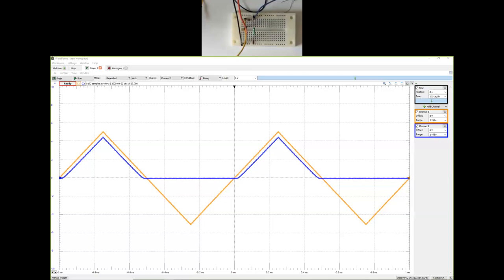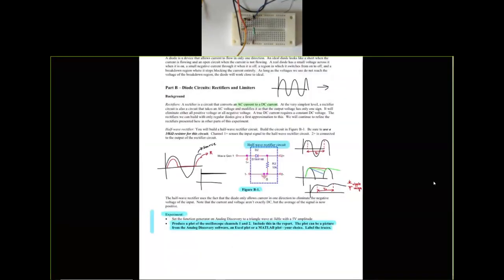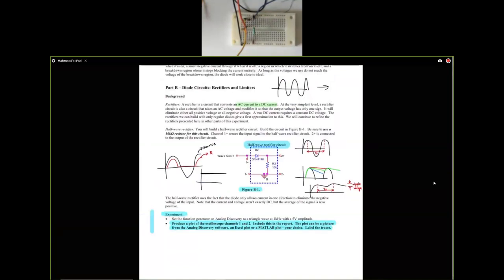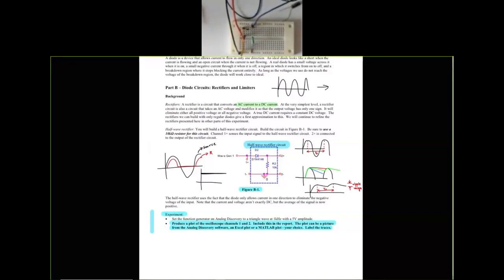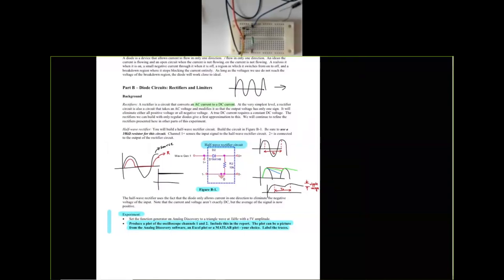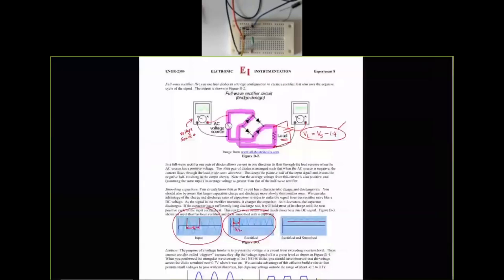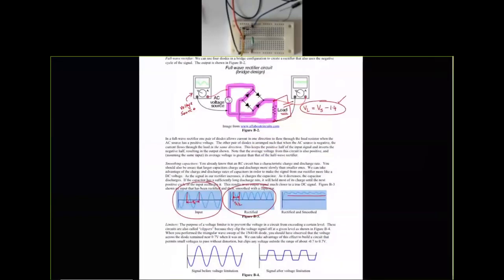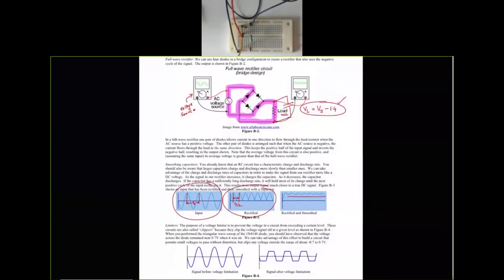So if I bring up my window here, let's take a look at what's next. So we talked about the full wave rectifier. There's no experiment on that, so we are not going to really do that.